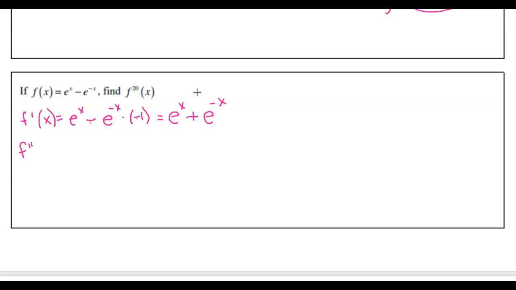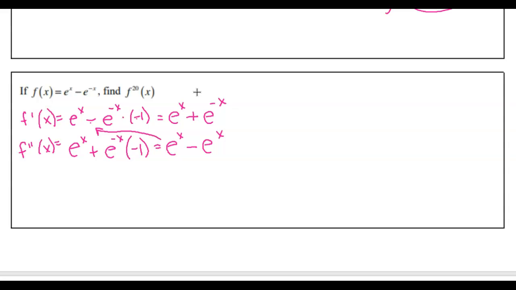All right, let's try our second derivative of this. So e to the x plus e to the negative x times a -1, because that's derivative of the exponent. So e to the x minus e to the x. And so what happens is, look, we started out where we began. So this was our second derivative.